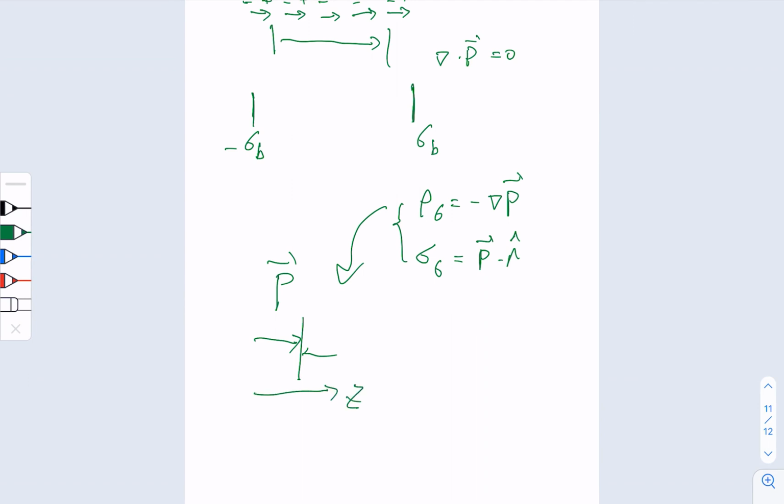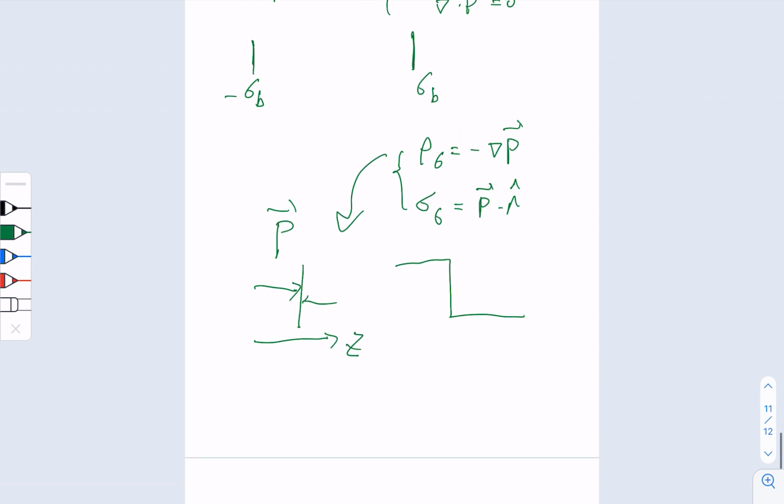Now you can see that the p function is a step function, and the derivative of a step function is actually a delta function, and because here p is pointing as an inverse step function, there is also a minus sign.